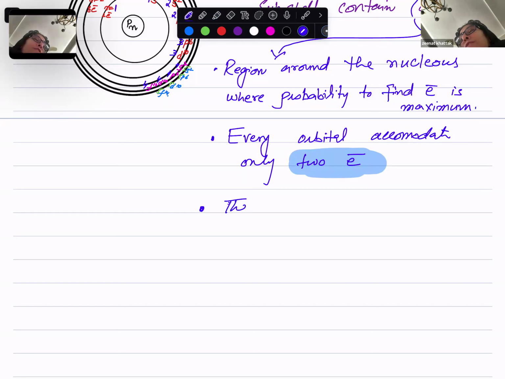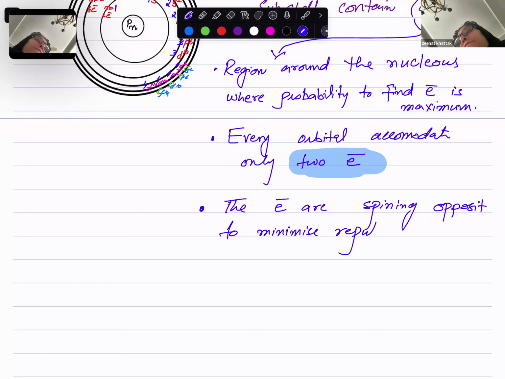The two electrons are spinning opposite to minimize repulsion.